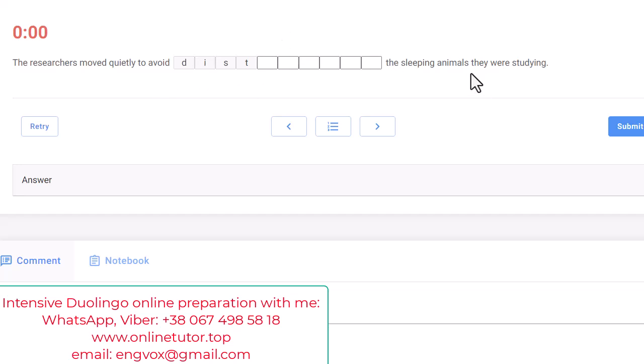So what can we do with the sleeping animals? We can wake them up, but it's not "wake," obviously. For example, animals are sleeping and we are moving around them. When I first saw it, I thought firstly it would be distracting, but my mind began working on this, and I see clearly that there is no place for the G, so it's not distracting.